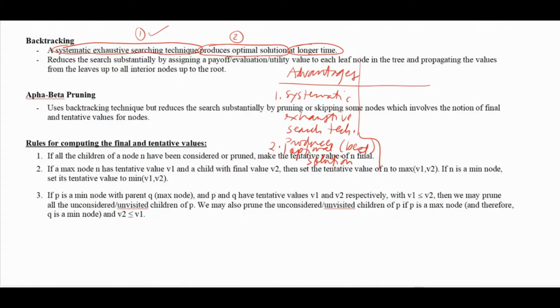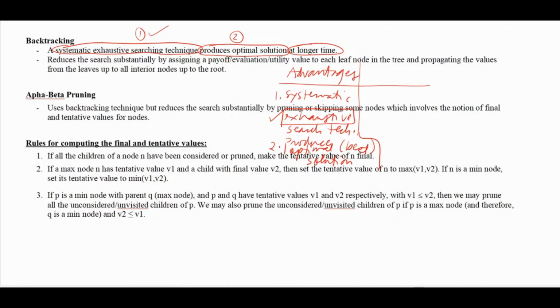we visit all the descendant nodes from the root node to all the leaves. So that is exhaustive because we visit all the tree nodes from the root node down to all the descendant nodes. We traverse the whole tree. So that is an exhaustive search technique.